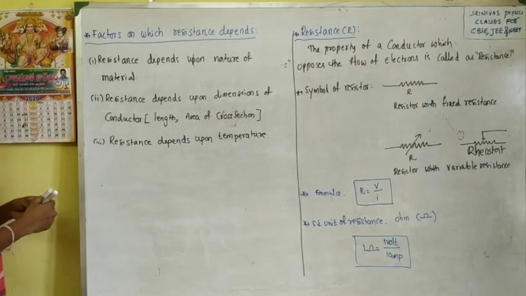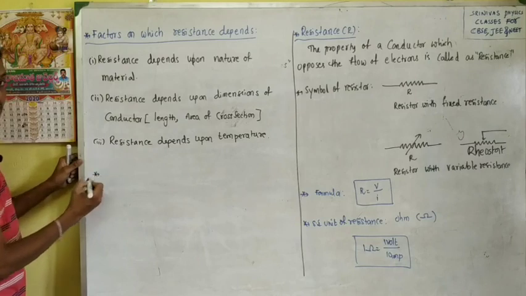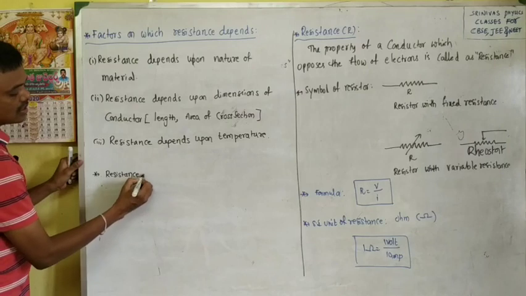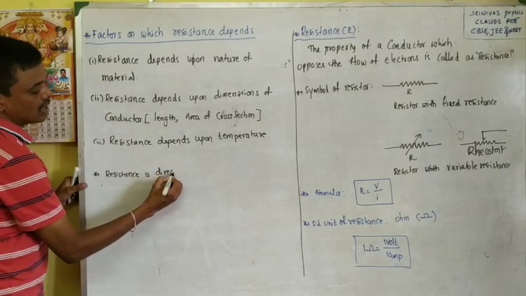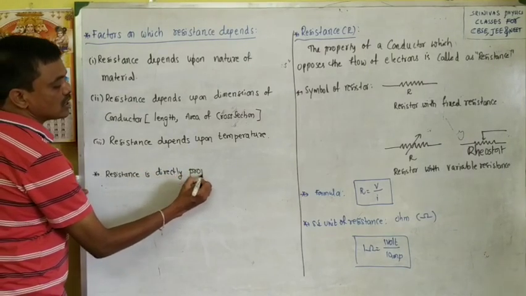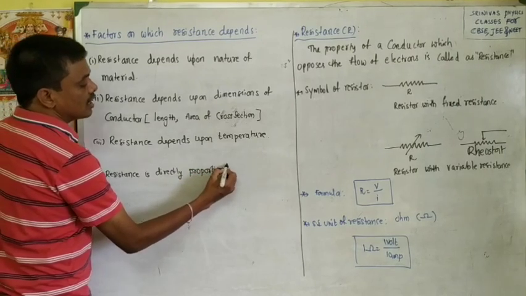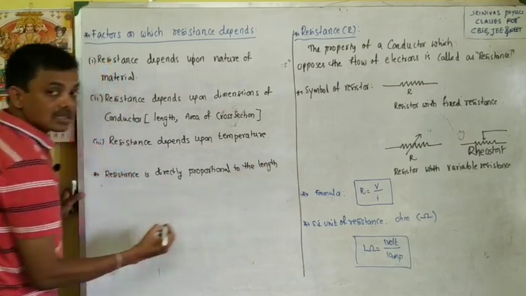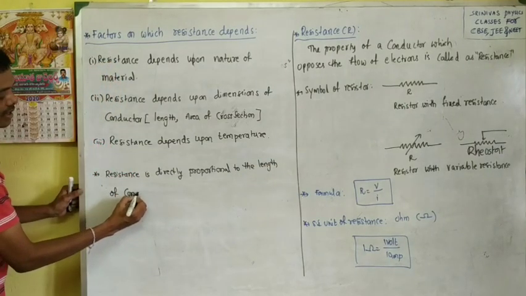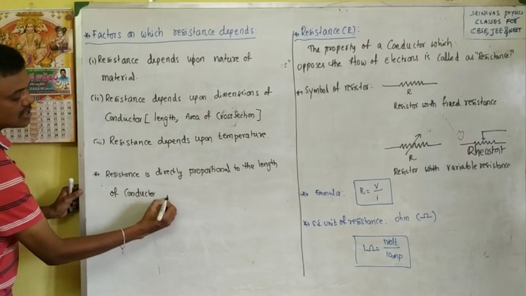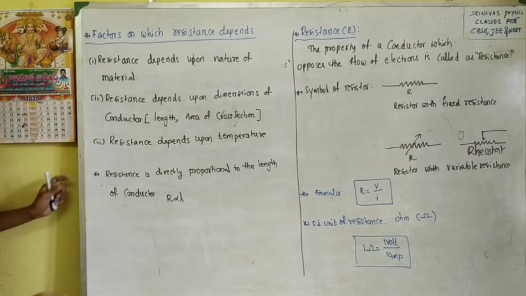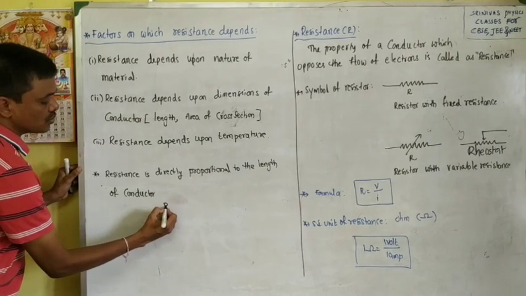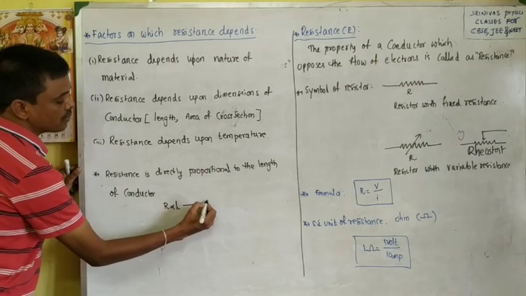Now how the resistance depends upon dimensions, let us discuss. Resistance is directly proportional to the length of conductor, that is R proportional to L. This is equation 1.